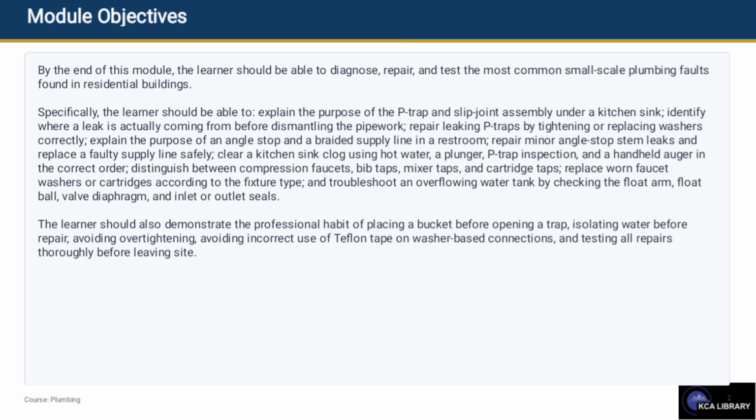Replace a faucet washer or cartridge according to the faucet type, and troubleshoot an overflowing water tank by checking the float arm, float ball, valve diaphragm, and inlet valve seals. The learner should also demonstrate the professional habit of placing a bucket before opening a trap, isolating water before repair, avoiding overtightening, using Teflon tape correctly on threaded connections, and testing all repairs thoroughly before leaving site.